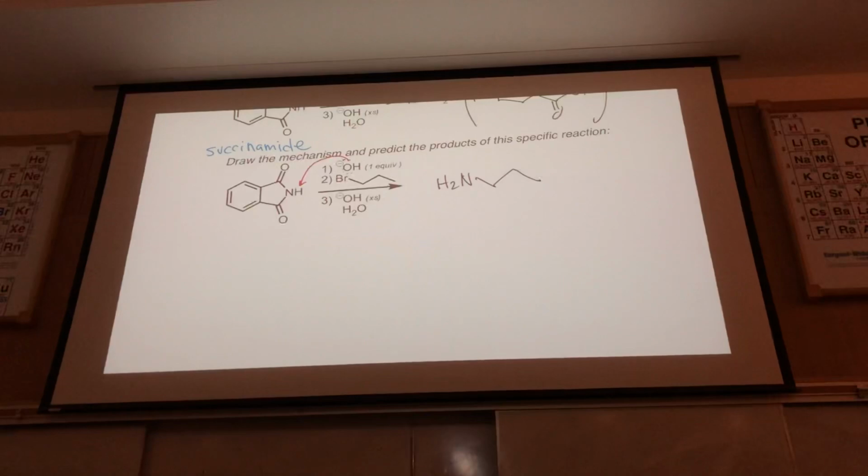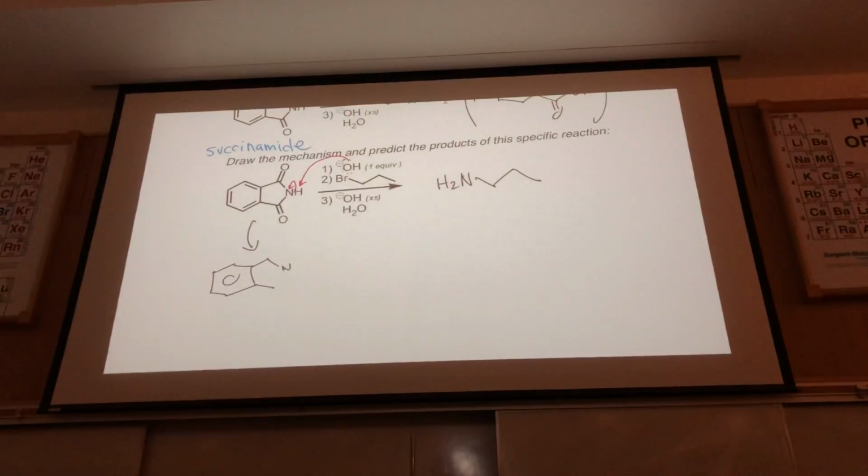Normally, hydrogens on nitrogens are not particularly acidic, but since it's between two carbonyls, just like with a carbon, that makes it more acidic. So we have an imide that's been deprotonated to make a negatively charged nitrogen.